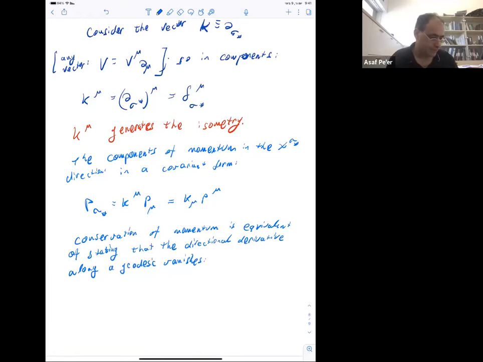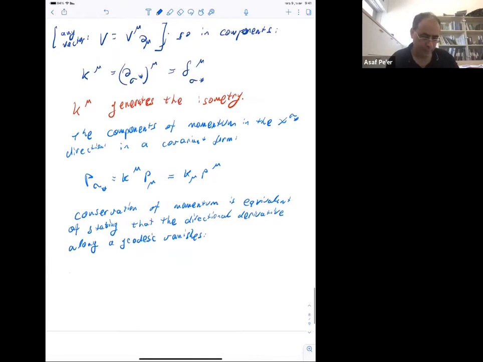Right? Because the covariant derivative along a path, right? D over d tau is just dx mu over d tau nabla mu. And P mu is just dx mu over d tau.